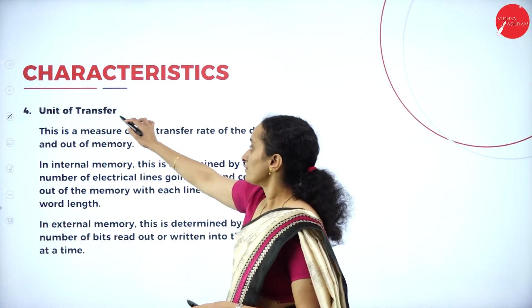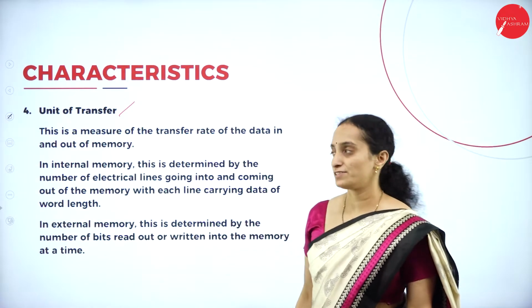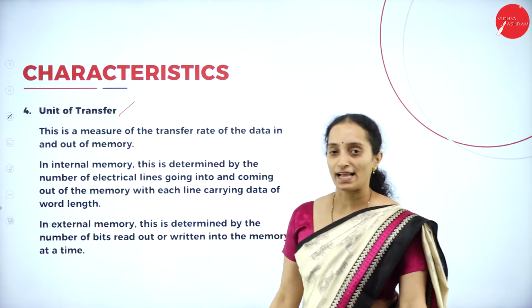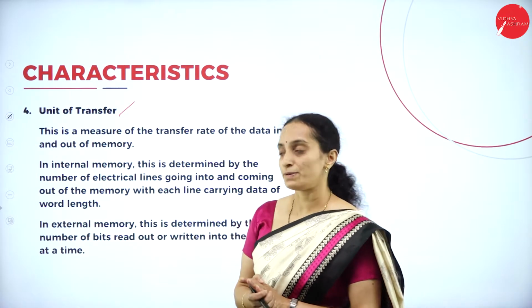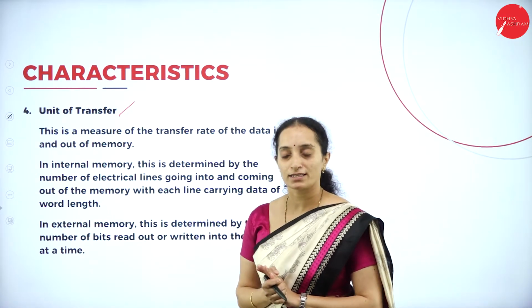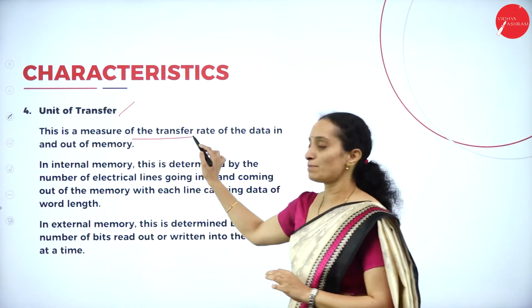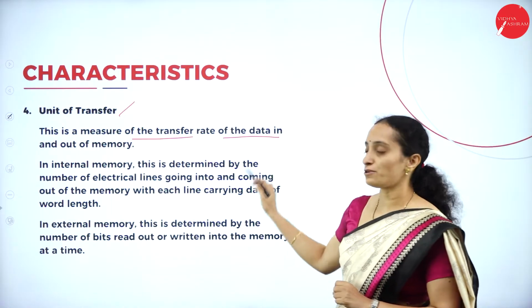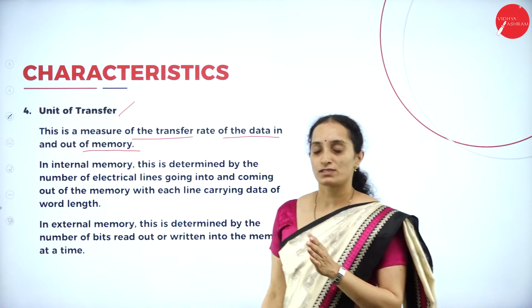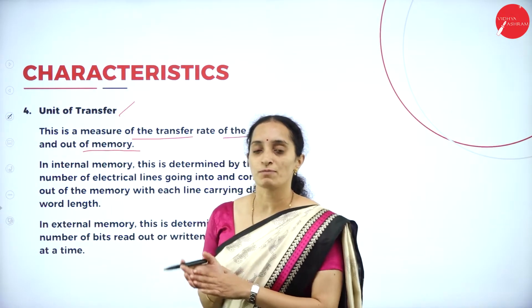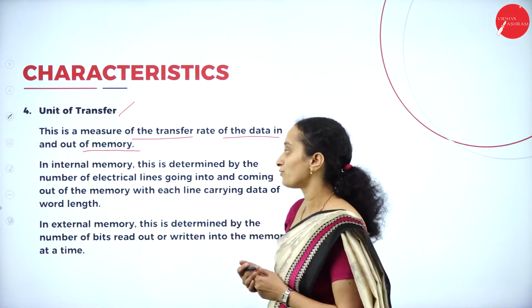Next is the unit of transfer. Unit of transfer tells you how the data has been or will be transferred between the memory and the processor. This is a measure of the transfer rate of the data in and out of the memory from the processor, storing data to the memory and fetching data out of the memory.